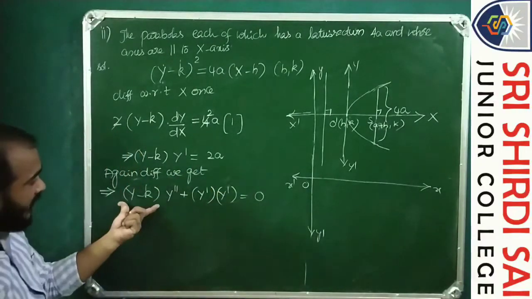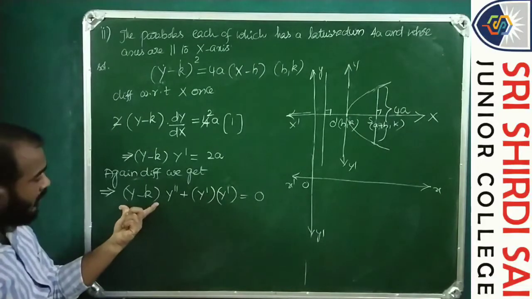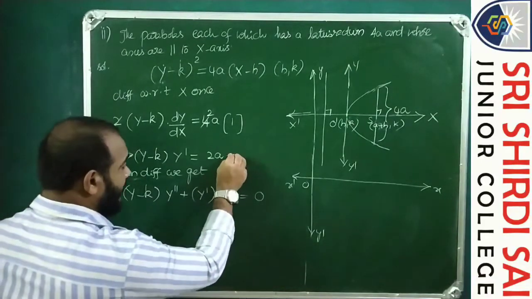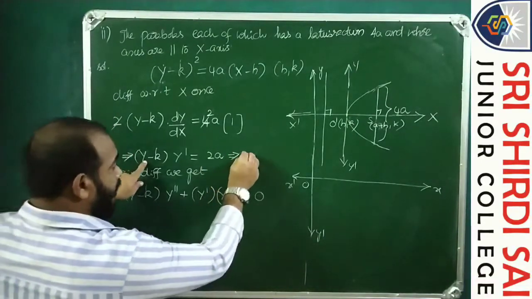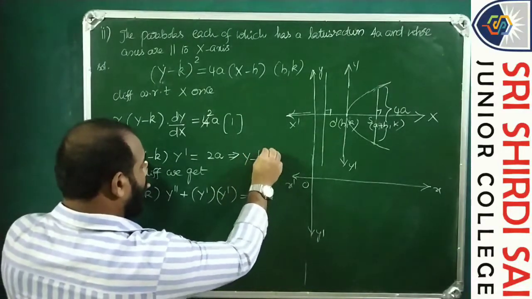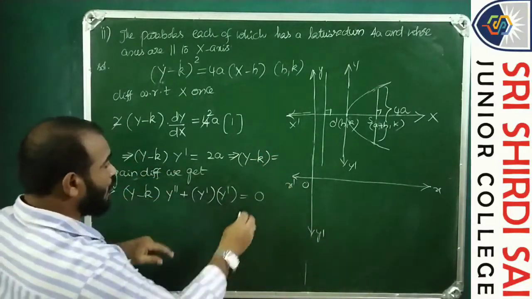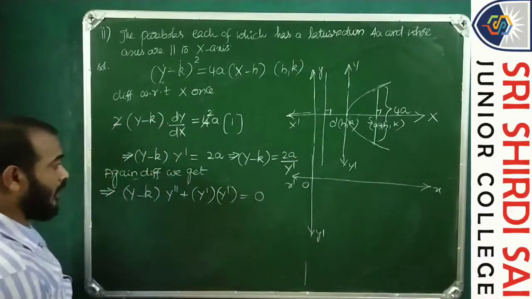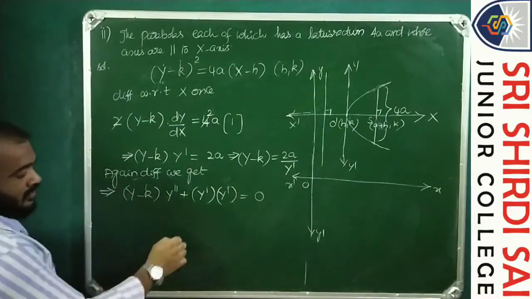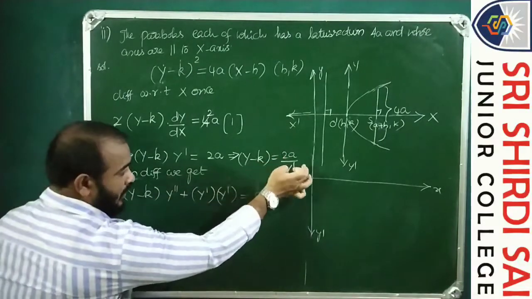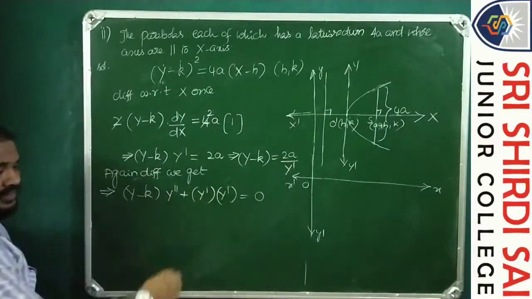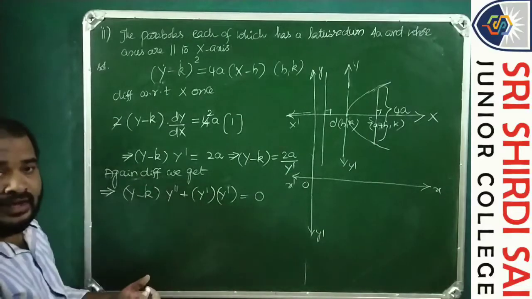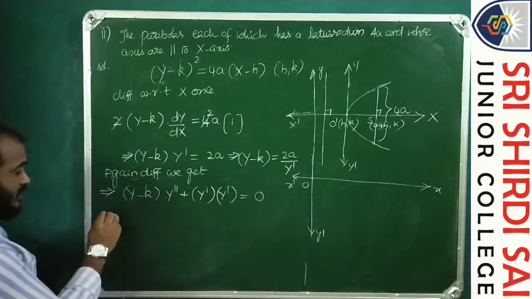But here y minus k is not eliminated, but actually we can write y minus k to be 2a by y dash. Now replacing y minus k with this 2a by y dash and substituting in this, we will get the required differential equation.